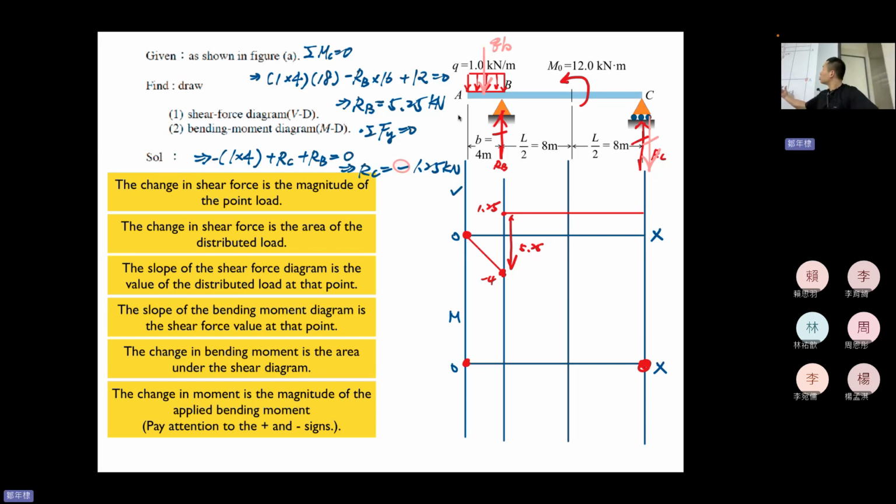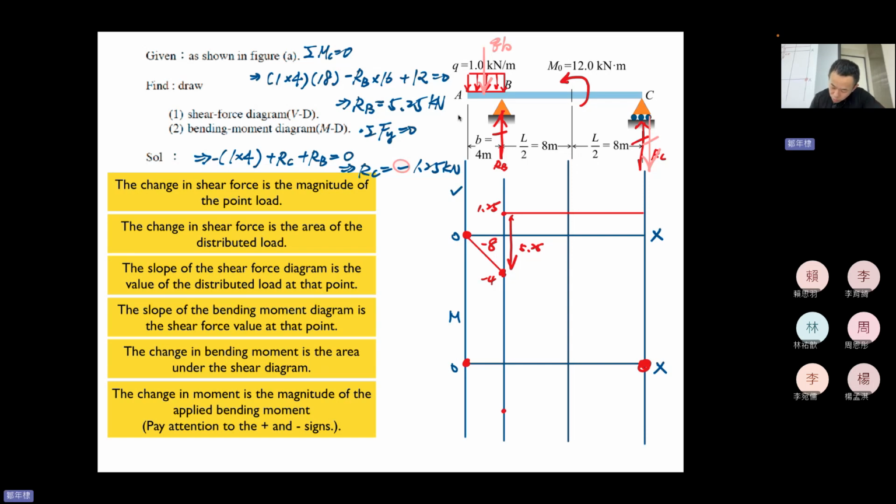Within this section, the moment will change. That value will be the area of the shear diagram, right? -4 times 4 divided by 2, so -8. So this is -8.